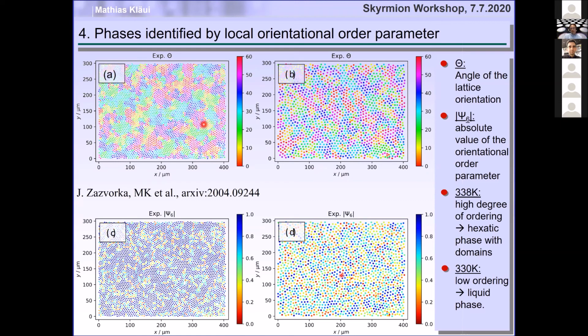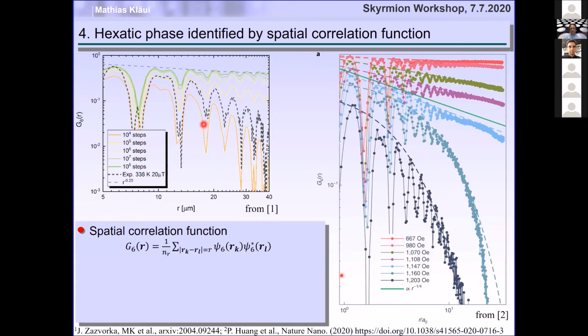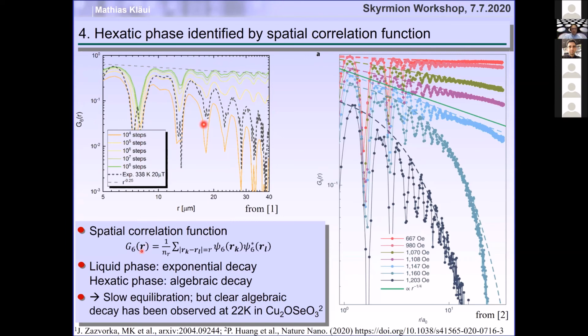And the actual telltale, our smoking gun experiment to get the hexatic phase, is to look at the decay of the spatial correlation function as a function of distance, because that should be an exponential decay in the liquid phase, and in the hexatic phase an algebraic decay.